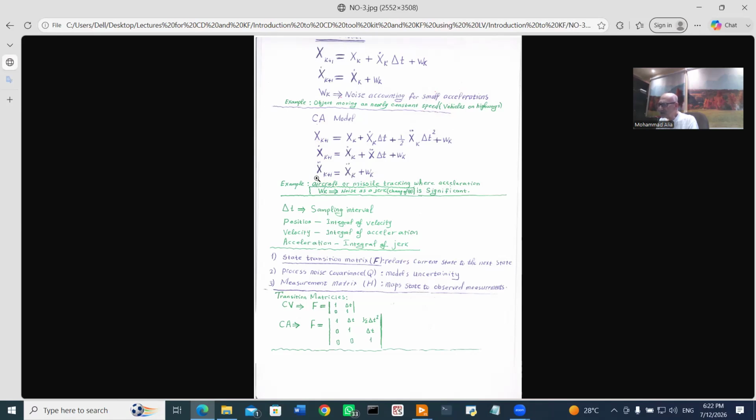So the acceleration is considered to be constant while the velocity changes. The velocity at the new step is equal to the velocity at the previous step plus the acceleration multiplied by delta t, as the velocity is the integral of the acceleration.